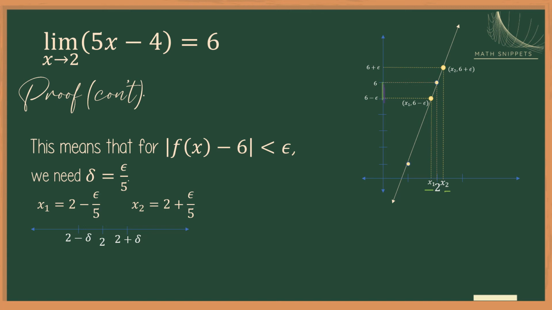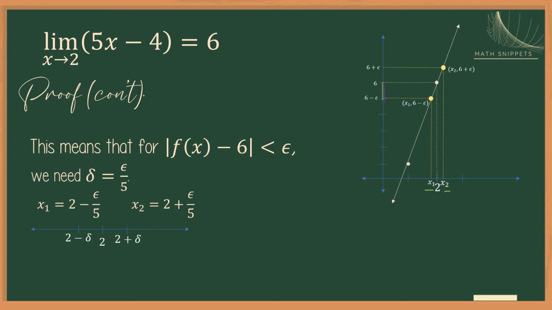So the widest interval that would satisfy the condition would be to have 2 minus delta equal to x sub 1 and 2 plus delta equal to x sub 2.